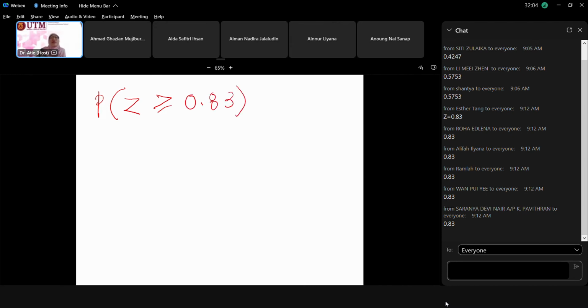This is what we are looking for. Once it's in Z, we can draw the curve. The curve will look like this, with 0.83 on the positive side, and more than. So easy, we don't have to deduct or subtract anything. Whatever we get from the table will be the answer.